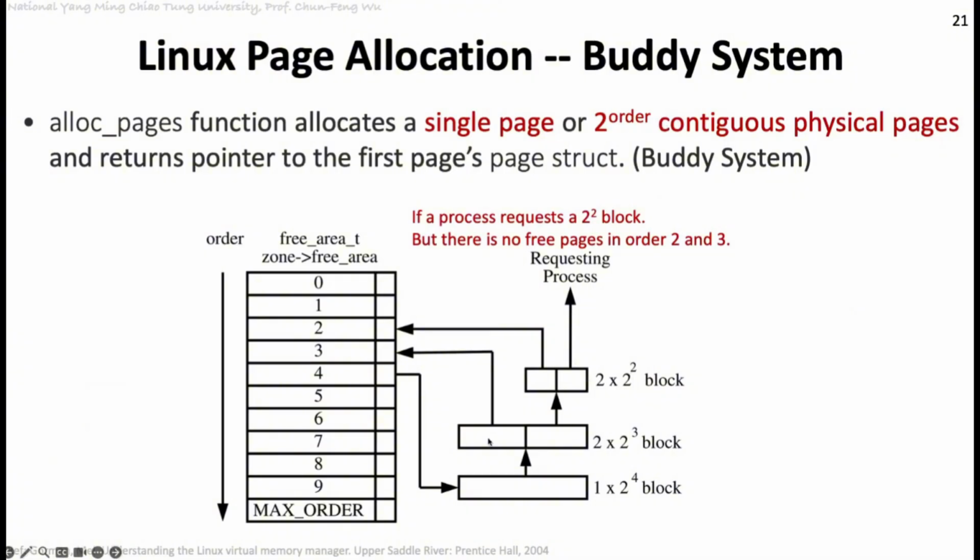But if we use this 2 to the order, we can alleviate the fragmentation issues because they are all in blocks of the page size, and they are all half and half and half. So you can always get a larger one, and the larger one can always break into a fixed size of the lower one. This is the way Linux deals with external fragmentation, by this kind of buddy system.